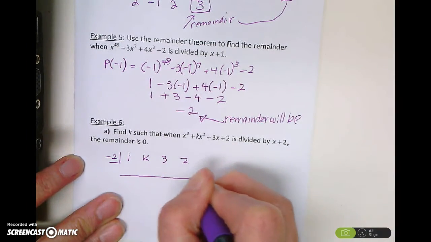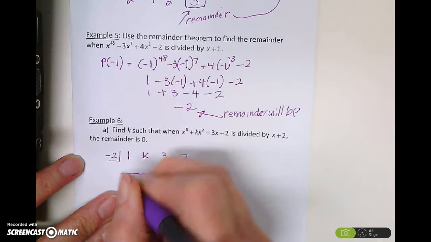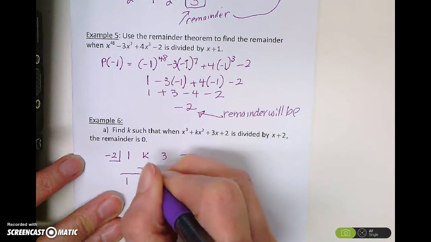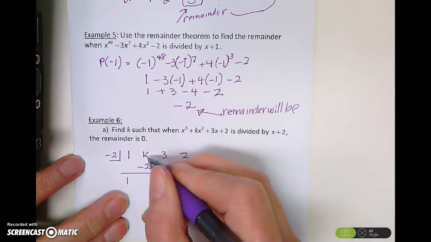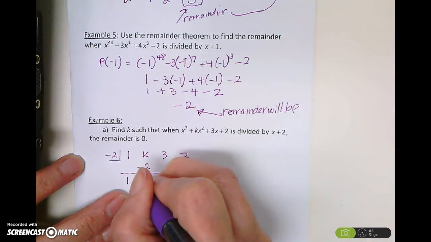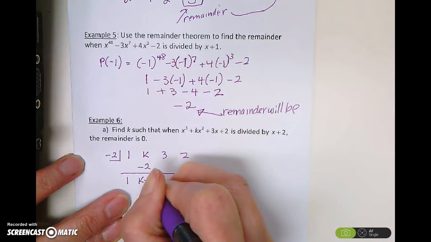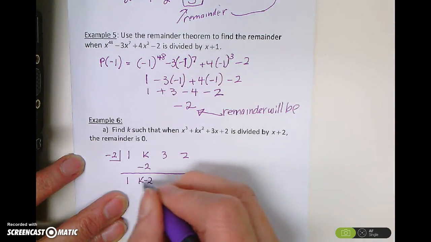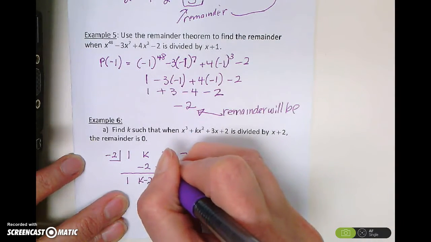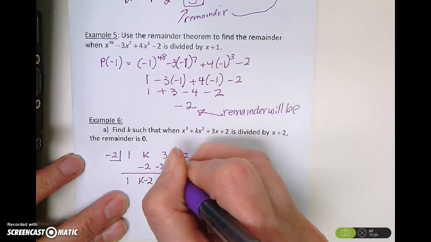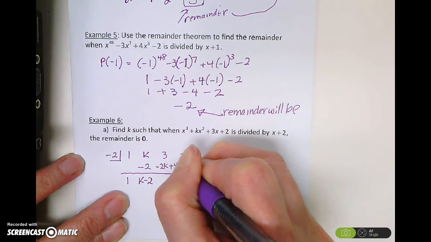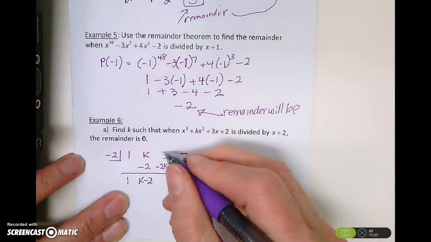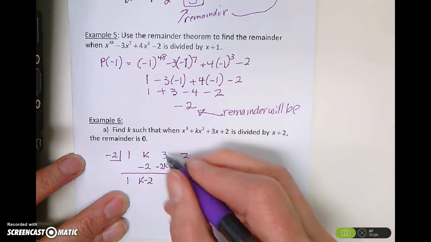Draw your line, drop down your 1. Negative 2 times 1 is negative 2. And now I want to add these two, so I'm just going to put k minus 2. Then I'll multiply, so I'm going to distribute it through there. So this is going to be negative 2k plus 4. And then I'm going to add like terms.